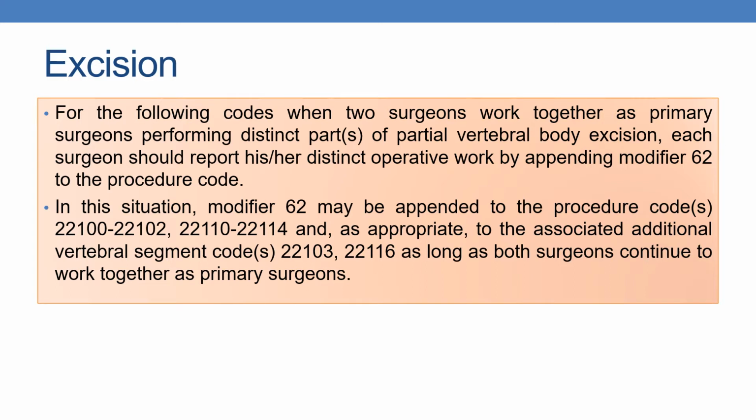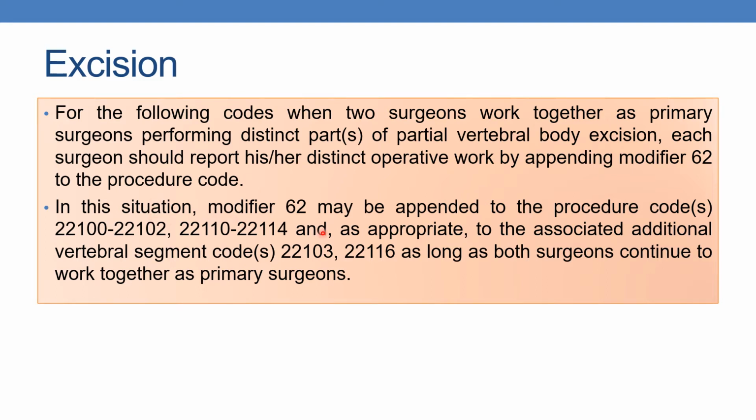Now coming to the guidelines of excision. For the following codes, when two surgeons work together as primary surgeons performing distinct parts of partial vertebral body excision, each surgeon should report his or her distinct operative work by appending the 62 modifier to the procedure.